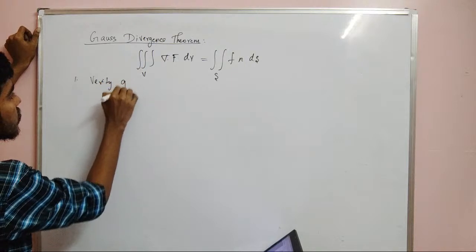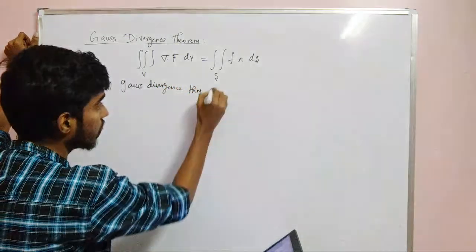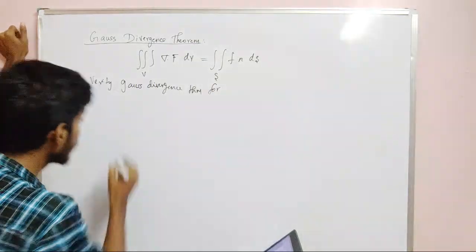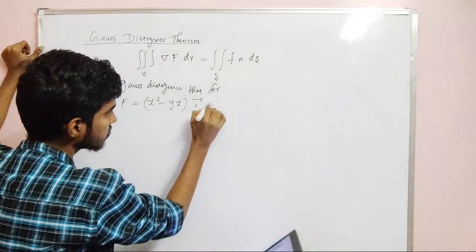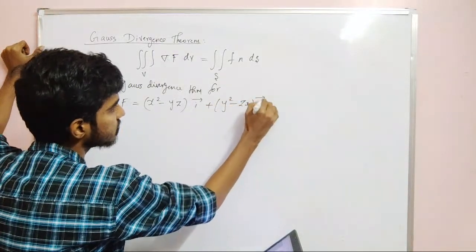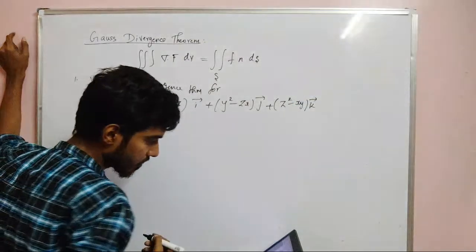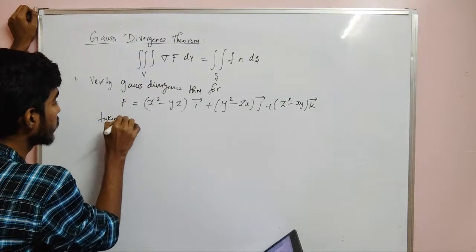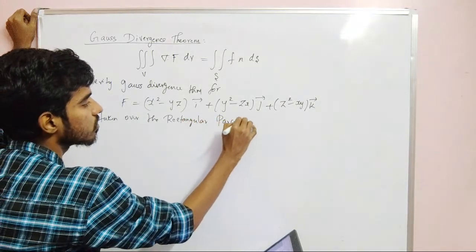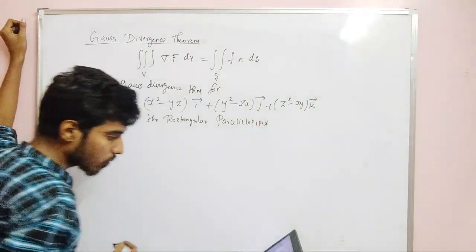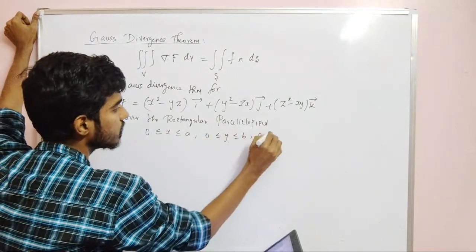Verify Gauss divergence theorem for F equal to (x² minus yz) i vector plus (y² minus zx) j vector plus (z² minus xy) k vector taken over the rectangular parallelepiped such that 0 is less than x less than a, 0 less than y less than b, 0 less than z less than c.